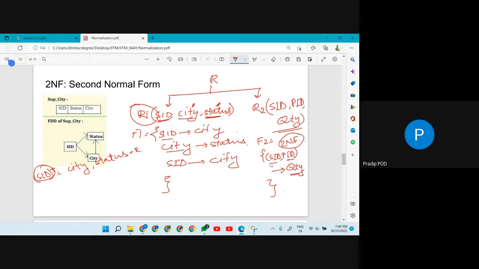So this is not a transitive dependency, right? Any confusion here? And in the third one, SID itself is a candidate key and determines the non-prime attribute. So now we can say this is in the second normal form. R1 and R2 are in the second normal form, right?